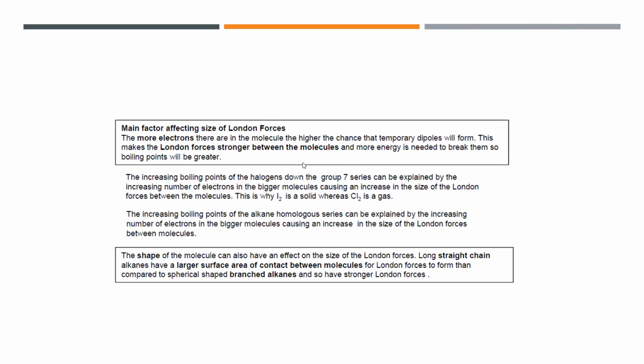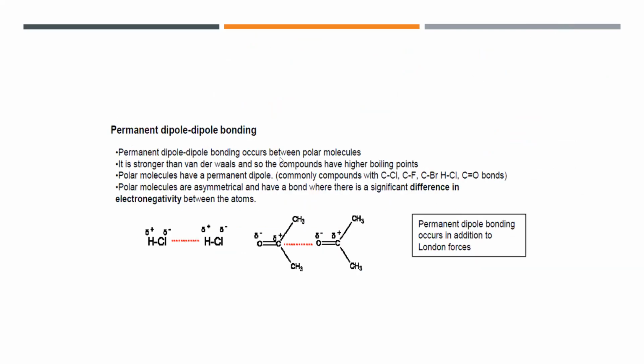This is what I have discussed till this point. Then, what is the meaning of permanent dipole or dipole-dipole force? Whenever a molecule is a polar molecule, whenever the overall net dipole moment is not zero and the molecule has poles, for example CH3Cl, there is partial positive, partial negative.